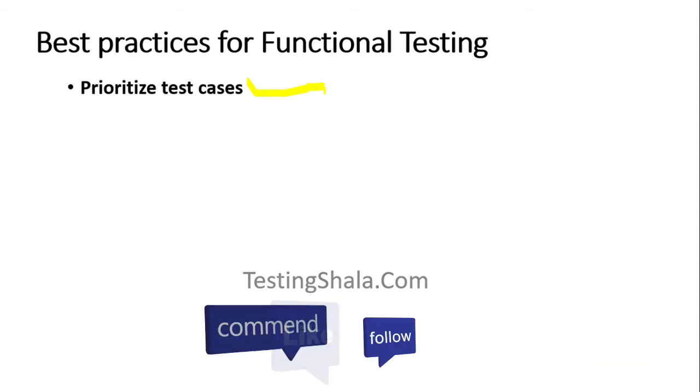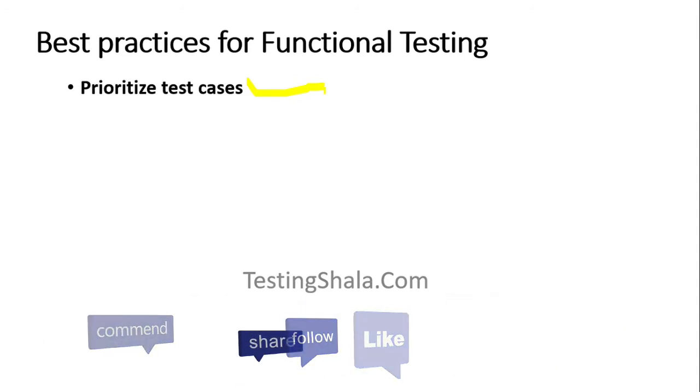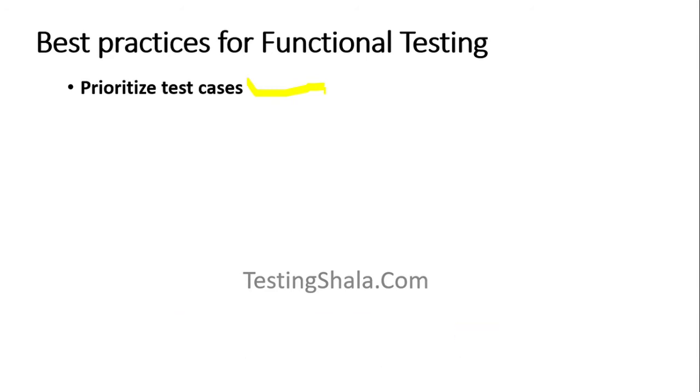Hence, always prioritize the test cases based on the availability of the time and resources. You can only pick up the high priority test cases in the beginning and low priority test cases when you have abundant time. Hence, the best practice is to always prioritize the test cases.